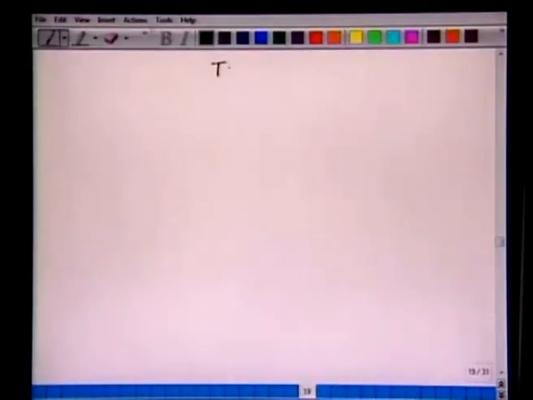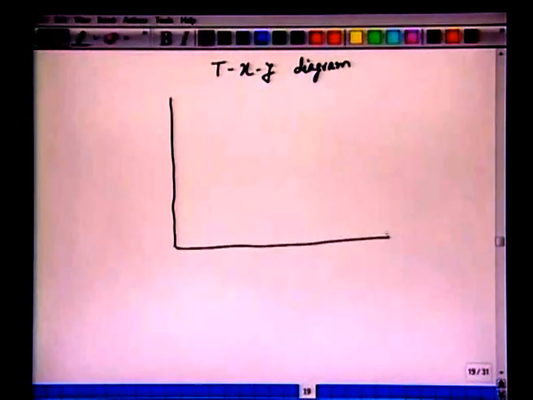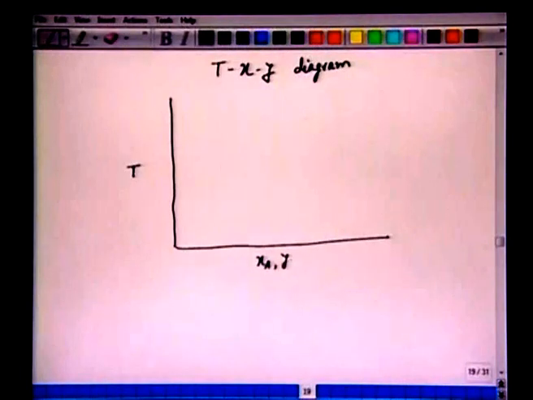Let us start with this TXY diagram, which will look like this. Essentially this is what we want to establish here. We have temperature here and we have mole fraction of A in liquid and vapor phase.